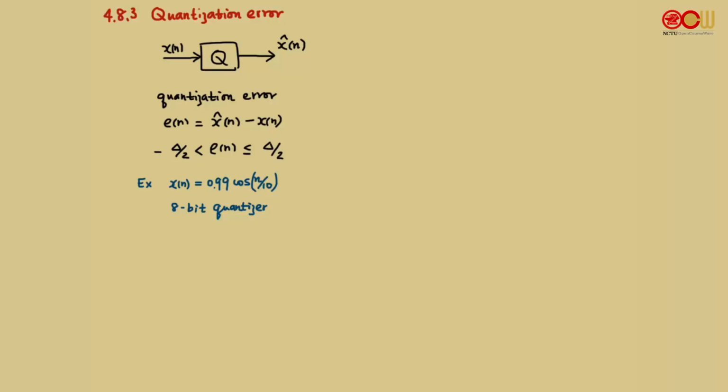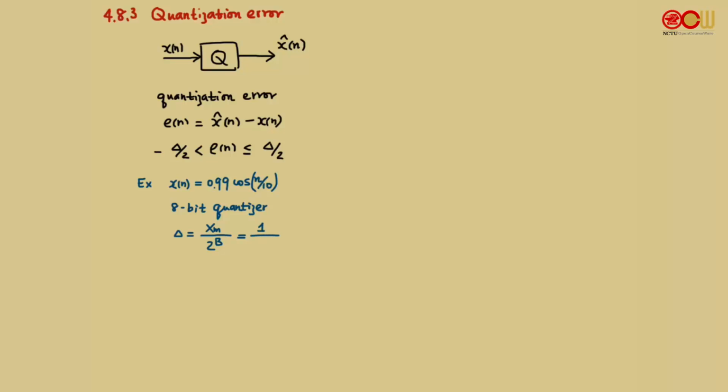In this case, delta would be xm over 2 to the b. Suppose we use xm to be 1.